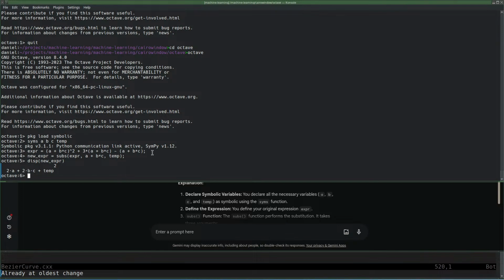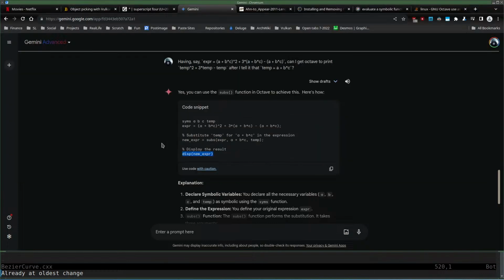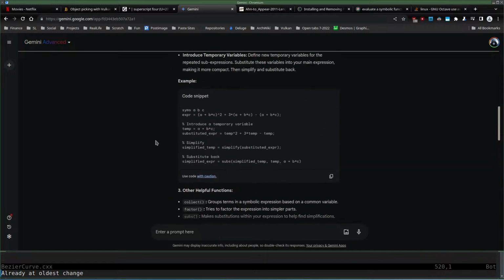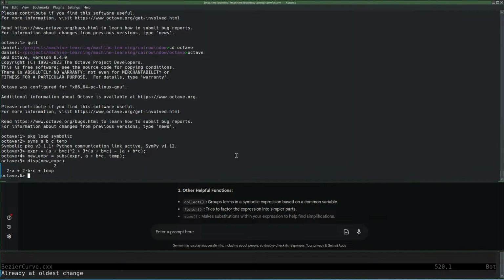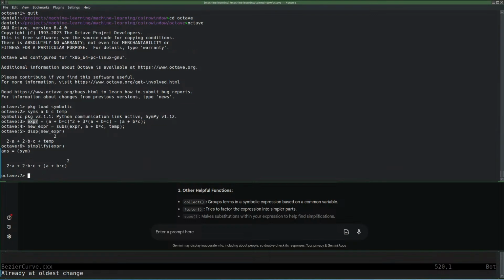It's 2 times temp. It failed like crazy. I think I did run simplify first or something, and then I did the substitution.